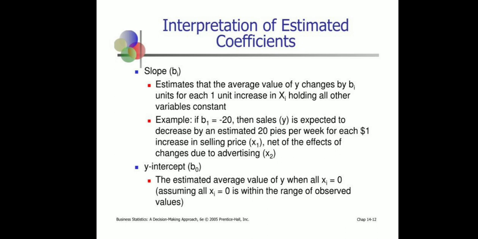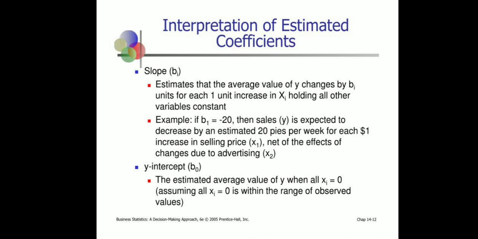Whenever price is decreased, sales increase, and when price increases, sales will decrease. There is a negative correlation. So by an estimated 20 pies per week for each $1 increase in price, that is a decrease of 20 pies per week.